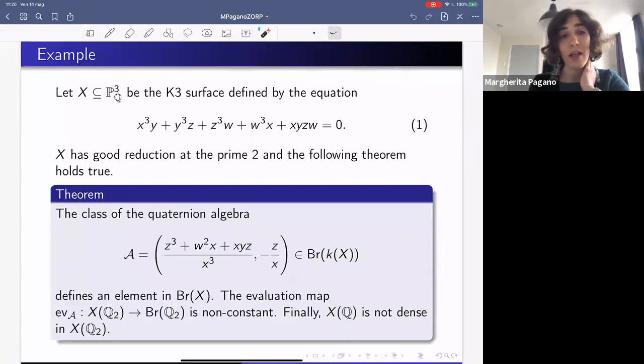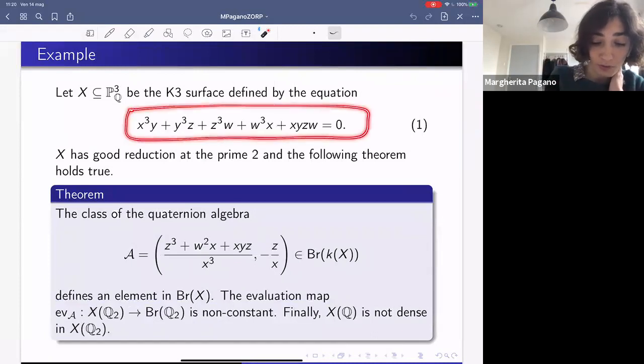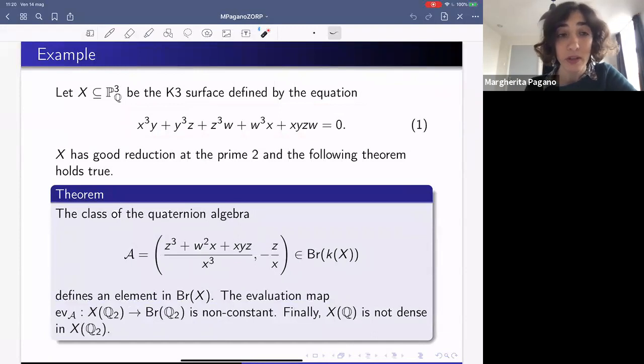So X is the K3 surface defined by the following homogeneous polynomial of degree 4 in the three-dimensional projective space. It can be proven that in general, a smooth homogeneous polynomial of degree 4 always defines a K3 surface.